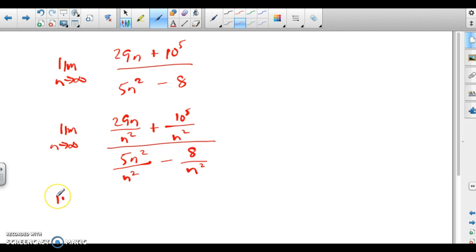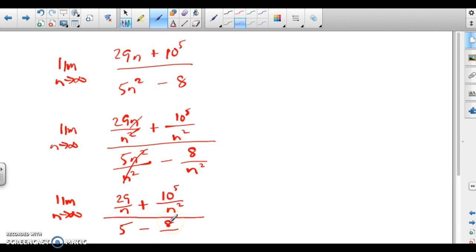Let's simplify. We get the limit as n approaches infinity of, these n's cancel out, we're left with 29 over n plus 10 to the 5th over n squared, over, n squareds will cancel out here, and we're left with 5 minus 8 over n squared. And now we can do our magic of limits.